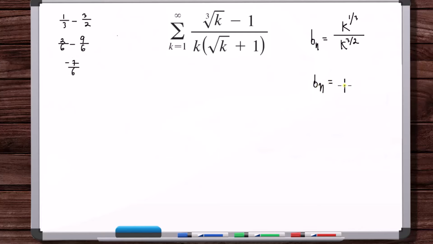So there we go. This is a P series that converges. P is greater than 1. How does this compare to the original a sub n?